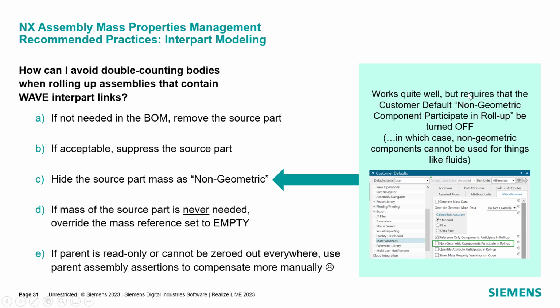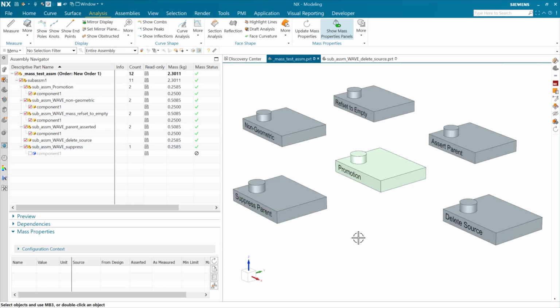This is one, if we're doing this, then we're not going to be able to use non-geometric components for things like fluids, for instance, where we're adding some mass to the assembly intentionally, but not modeling those components. So if that's acceptable, right, then again, we can go into customer defaults, go into gateway materials mass, and miscellaneous tab, and this non-geometric components participate in rollup needs to be unchecked or turned off, right? And if that's true, then we can certainly do this.